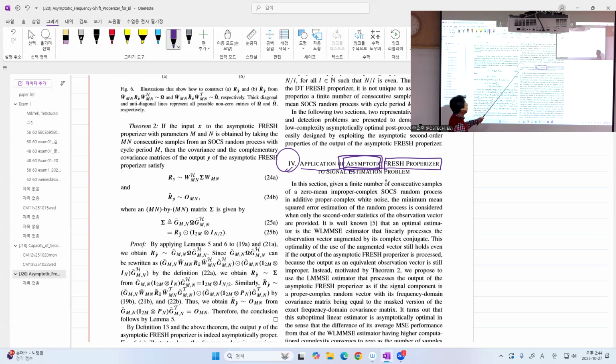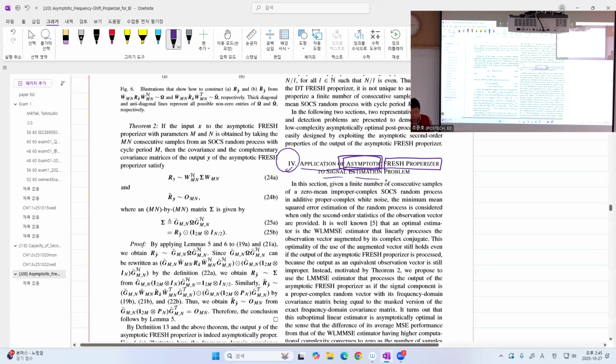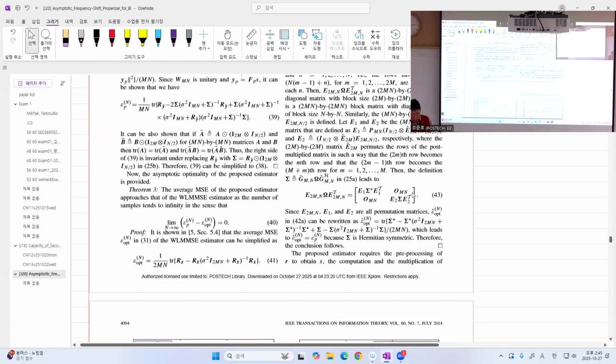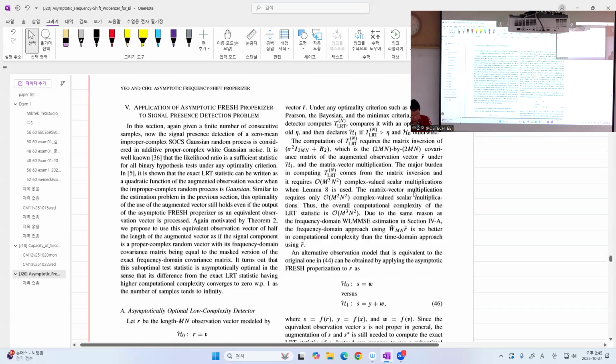And that is between that simple figure and this section. Anyway, we apply the asymptotic fresh properizer to the signal estimation problem, and if I remember correctly, the signal presence detection problem.